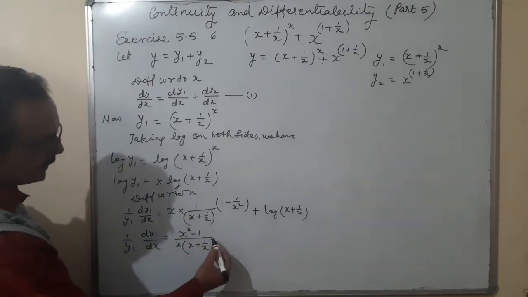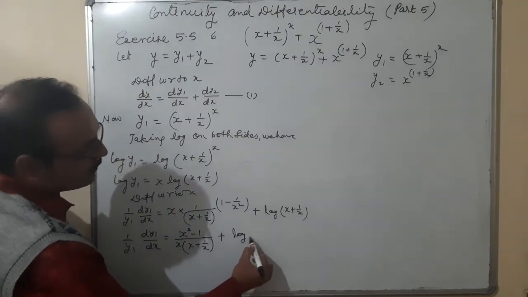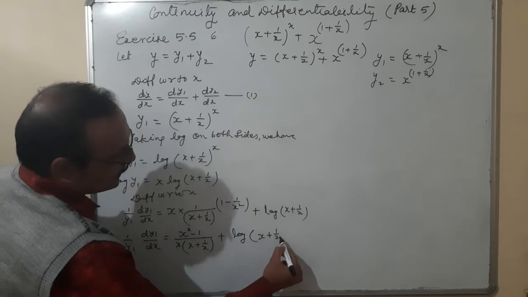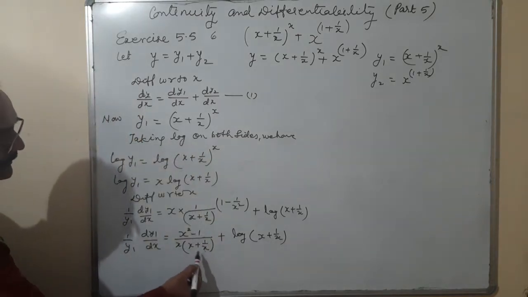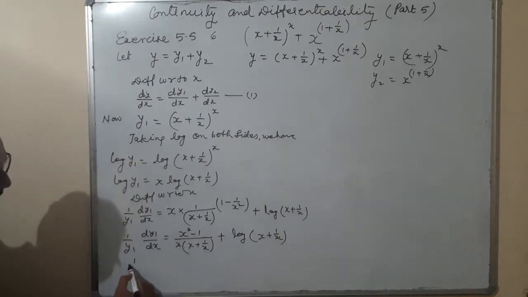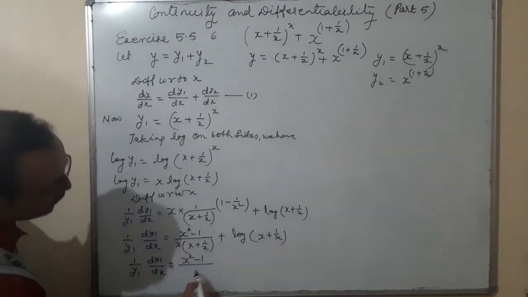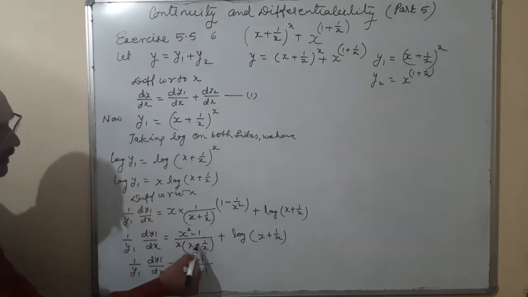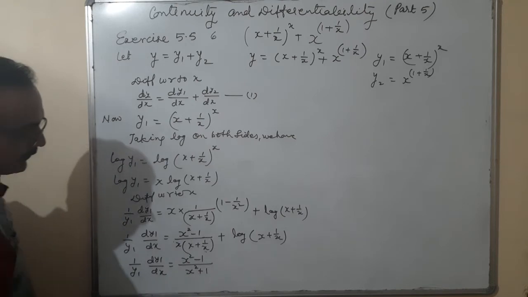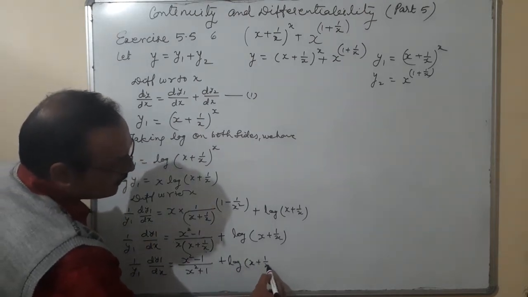Here also I will do one thing, plus log (x + 1/x). One more step, because this is (x^2 + 1)/x, x cancels. So 1/y1 dy1/dx is equal to (x^2 - 1)/(x^2 + 1), and this x is cancelled by that after taking the LCM. Plus log (x + 1/x).